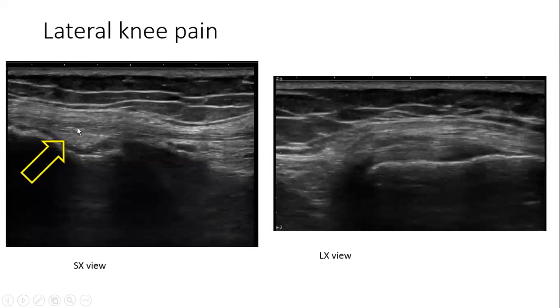Popliteus tendon, don't forget that. When you get LCL, you should always look for the groove. You cannot miss this groove because it's there on the lateral side. You've been looking at this groove for a long time. It's just that you were not paying attention to this popliteus tendon, which you should, especially if someone has lateral knee pain.